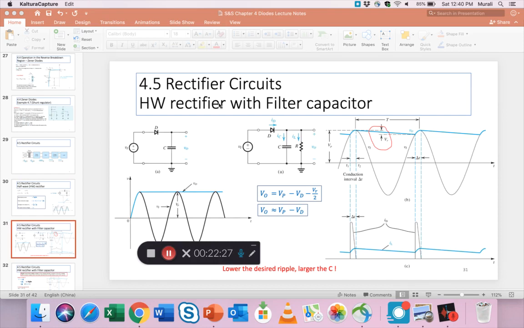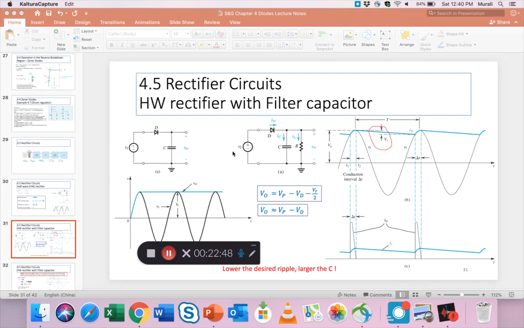In fact, in this case it's shown as a Vi. Now Vi is a sinusoid. It has a maximum value of Vp and then cos theta or cos phi. So V peak is shown to be the highest possible value of the input AC waveform.